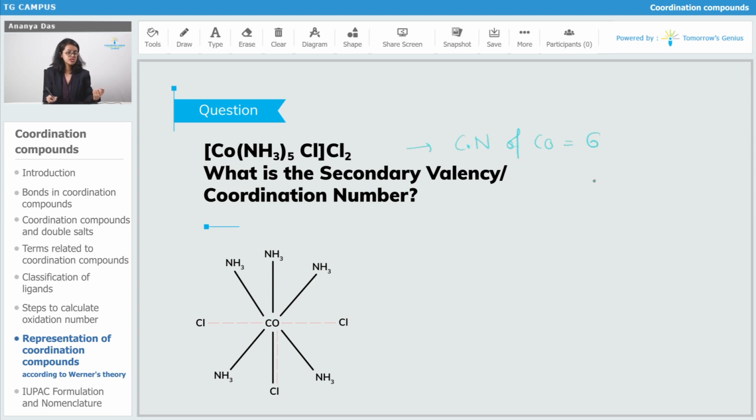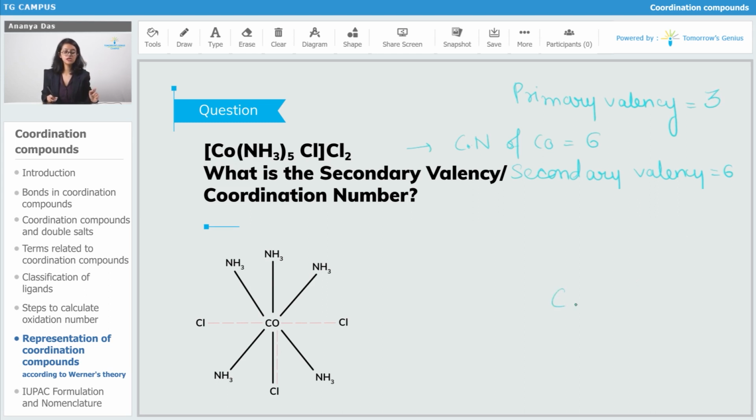So the coordination number is 6, that means the secondary valency is 6, and the primary valency was 3. So the primary and secondary valency are equal to what we got for our previous complex. Let's see how the representation of this complex changes.